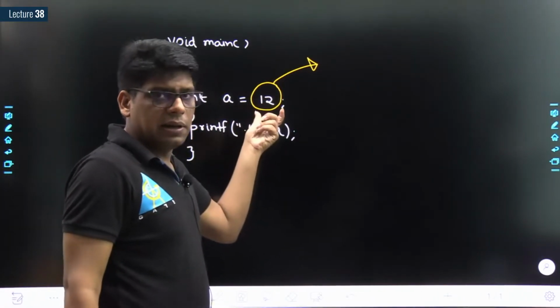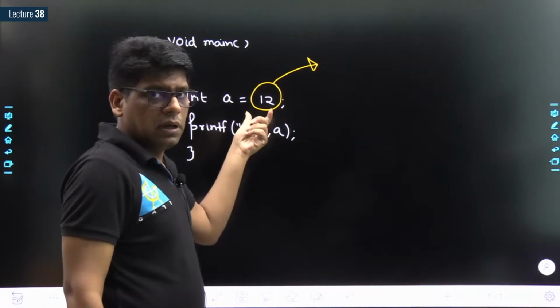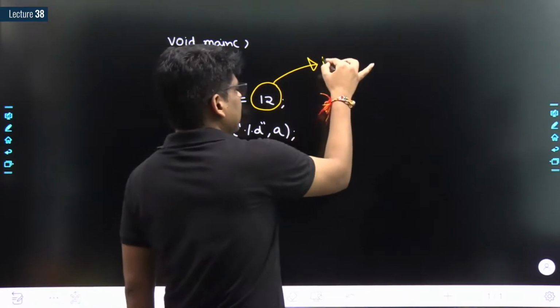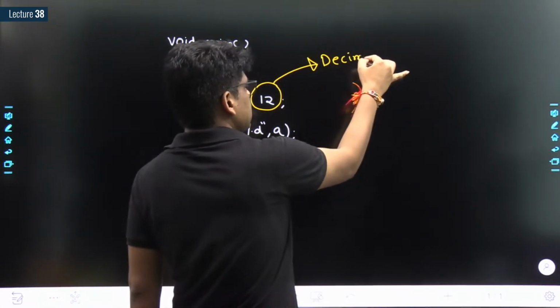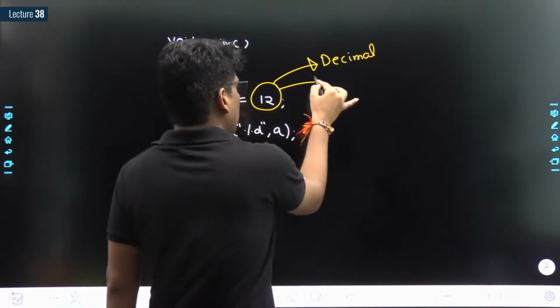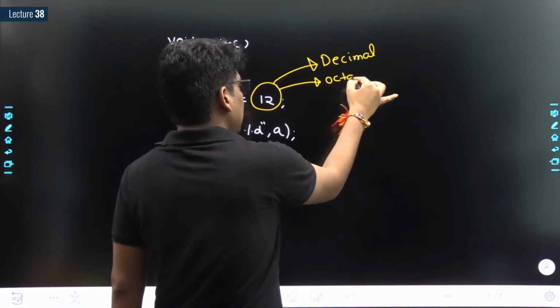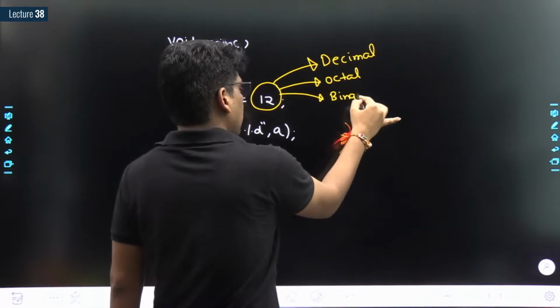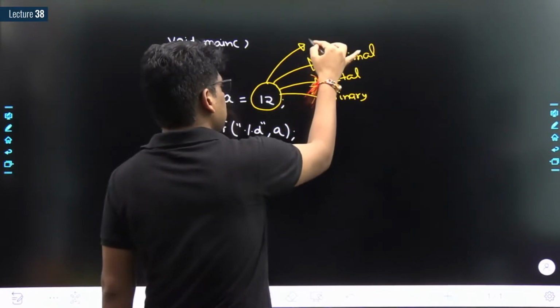This is an integer literal, of course. In which number system is it? Is it in decimal number system? Is it written in decimal? Or is it written in octal? Or is it written in binary? Or is it written in hexadecimal? Try to answer.